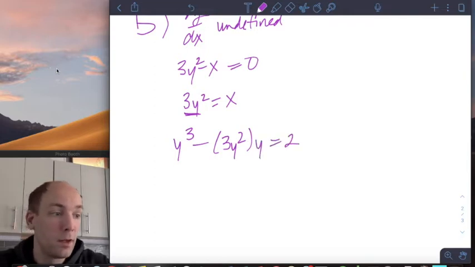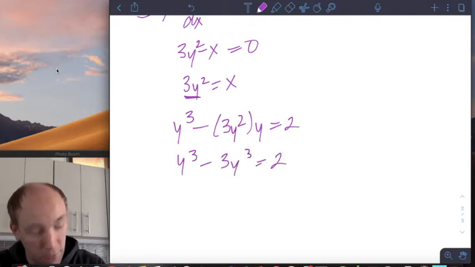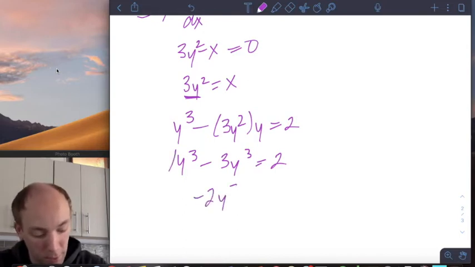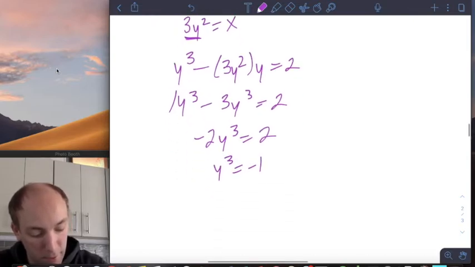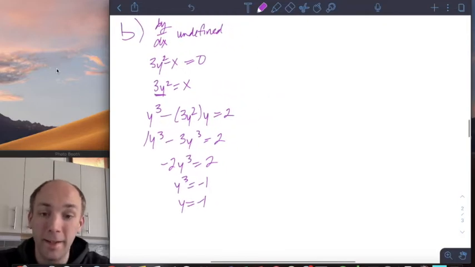All right, so let's keep solving this. y cubed stays the same, minus 3y cubed equals 2. 1y cubed minus 3y cubed would be negative 2y cubed equals 2. y cubed equals negative 1, so y is equal to negative 1. Now that I have y, I need to find x.